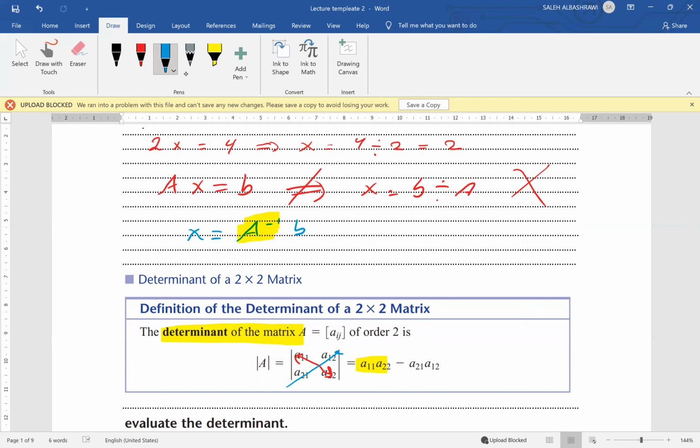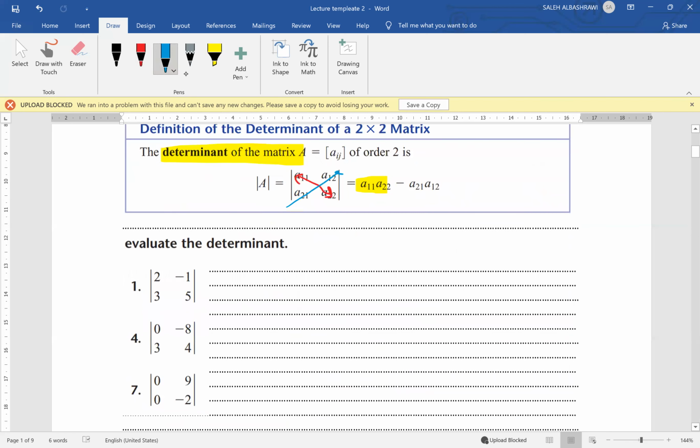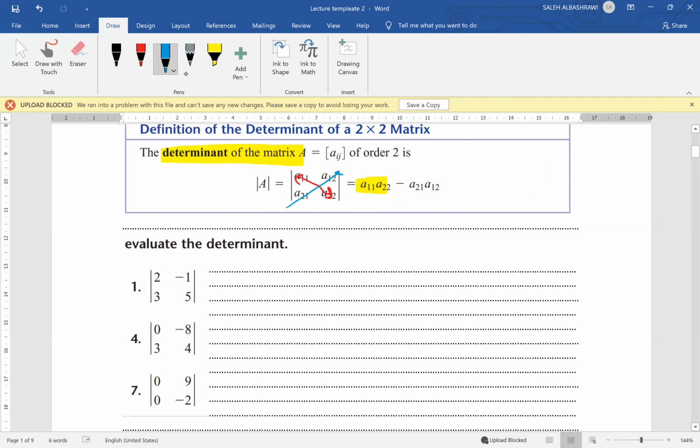As a direct application of this definition, let's have these examples and find the determinant for the given matrices. Number 1, I need to find the determinant of the first matrix: 2, minus 1, 3, and 5. The notation for the determinant is like an absolute value.